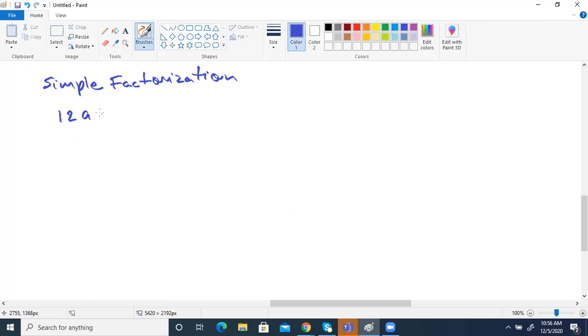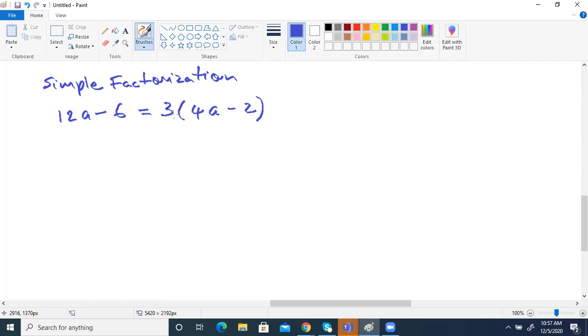This is a simple one. So, factorize. You may come like this and say, okay, 4a minus 2, and someone says you must use 3.